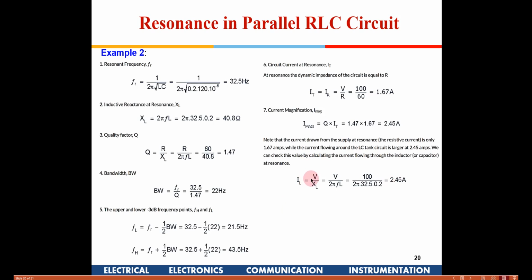If I do V divided by XC also, I will get 2.45. And we know the currents in an inductor and a capacitor are 90 degrees lead and lag with respect to the resistance. So with respect to each other, inductor and capacitor become 180 degrees out of phase. So they cancel each other.